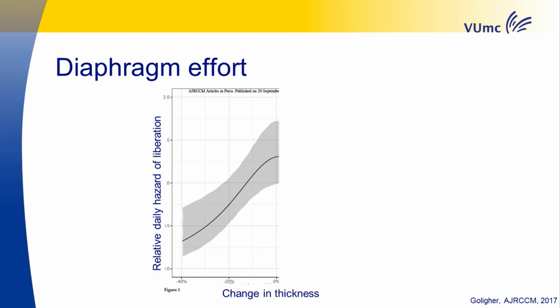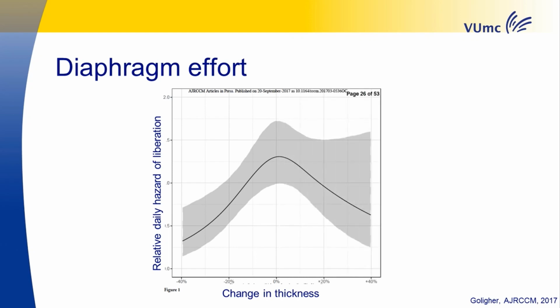That's something we more or less predict. If your diaphragm gets thinner, it's more likely that you spend more time on the ventilator. But the same thing is true if the diaphragm gets thicker. It's not hypertrophy, it's not a good idea. You also spend more time weaning from the ventilator.